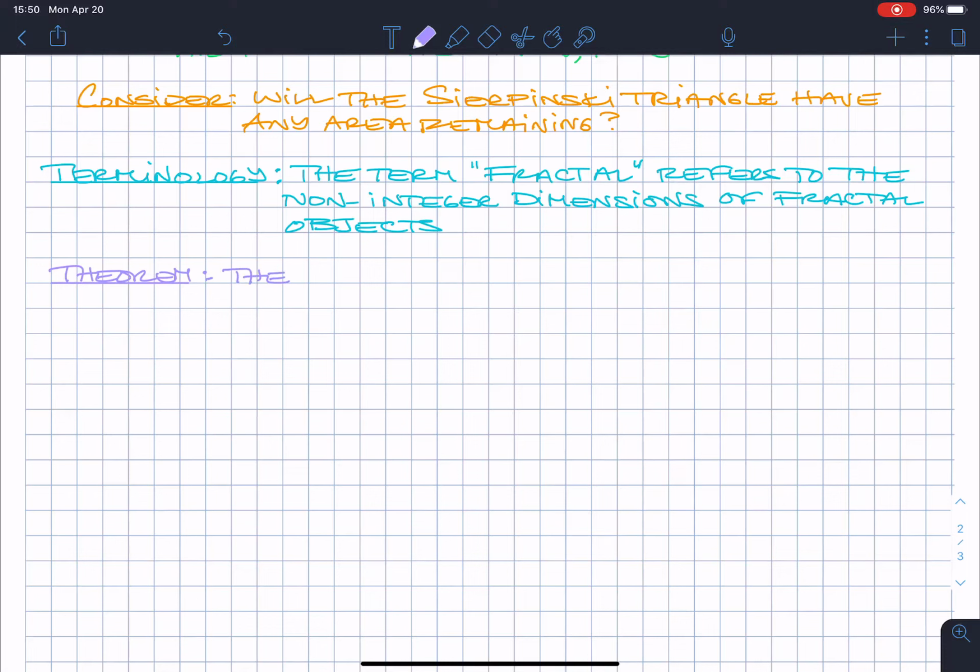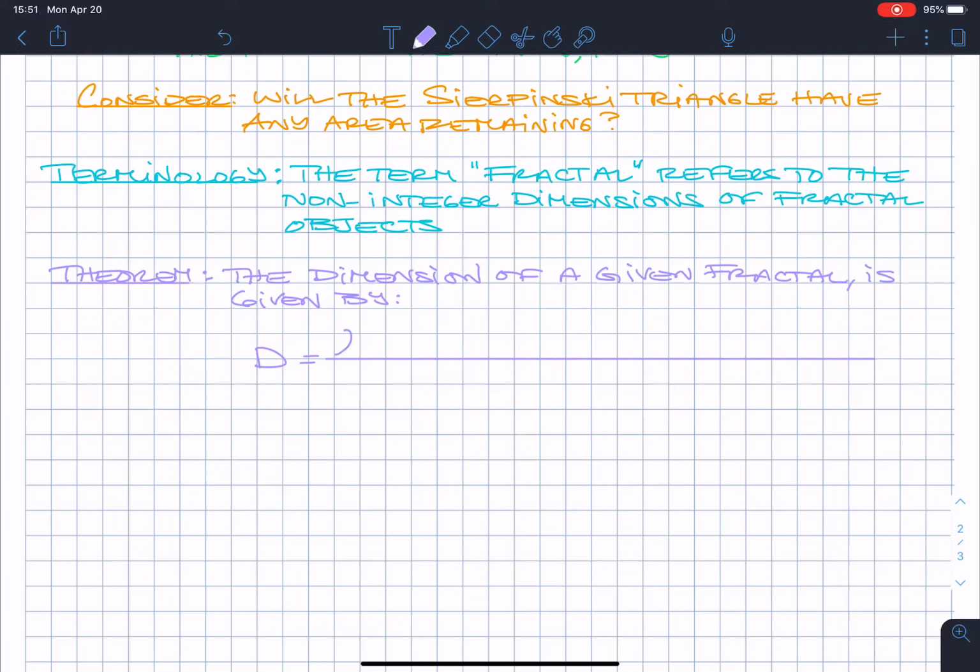So the dimension of a given fractal is given by, we'll call it D. So the dimension D is going to be a quotient.